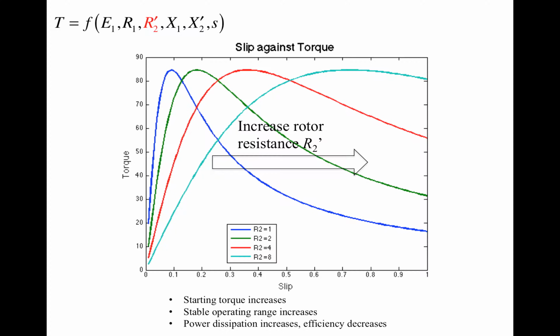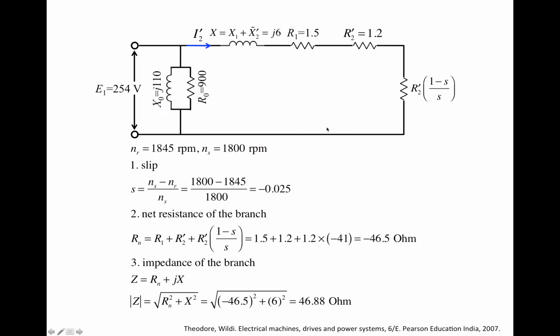As soon as the rotor reaches the target speed, we can immediately reduce the external resistance, and then the power dissipation is minimized and the efficiency is maximized during the stable operation of that motor, right? So that's one example application of this particular analysis, right?